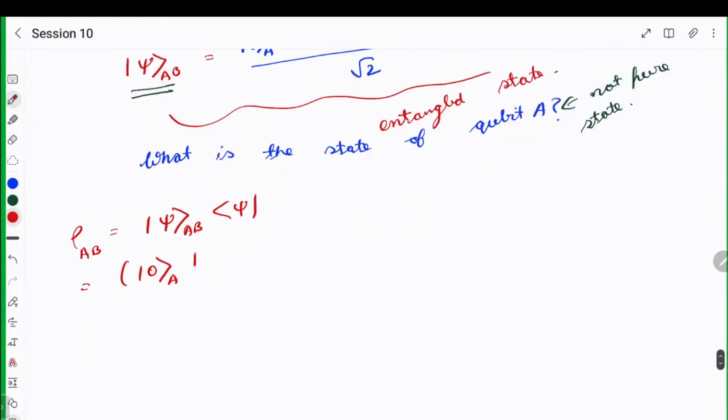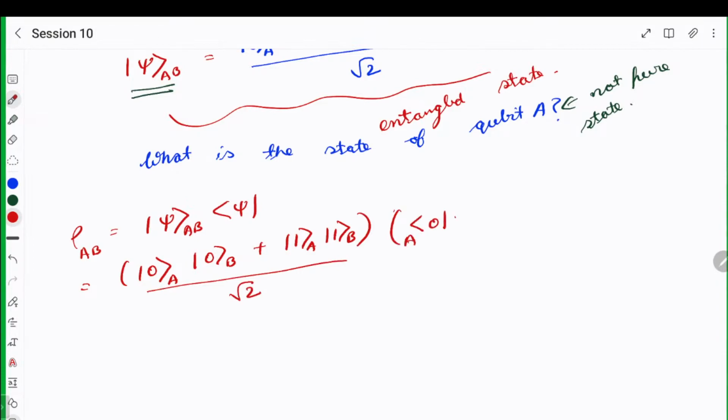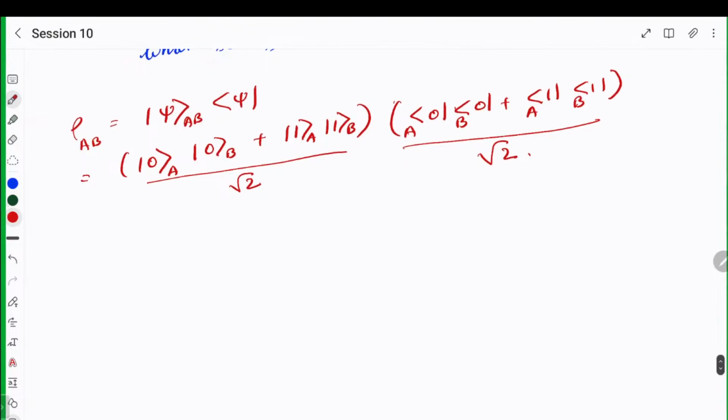So (|0_A 0_B⟩ + |1_A 1_B⟩)/√2, outer product with (⟨0_A 0_B| + ⟨1_A 1_B|)/√2. Now we will have a factor of 1/2 here, and we will have 4 terms on multiplication.